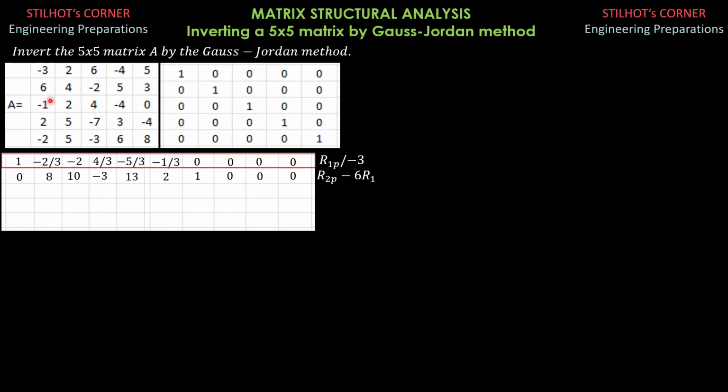Then for row 3, to make this 0, it is row 3 previous plus row 1. That's the formula or guide. So this should be 0 here. 2 plus -2/3 is 4/3. 4 plus -2 is +2. -4 plus 4/3 is -8/3. 0 plus -5/3, so -5/3.